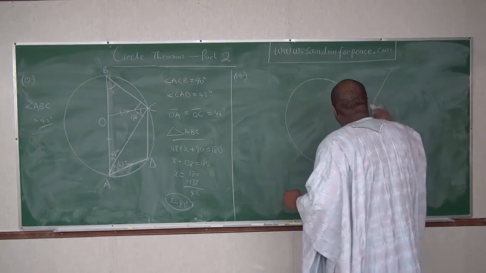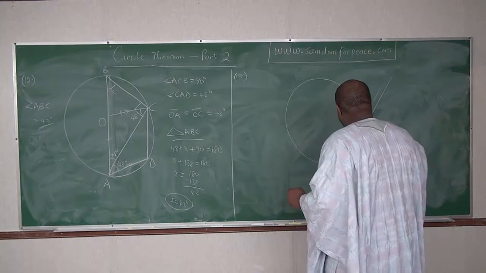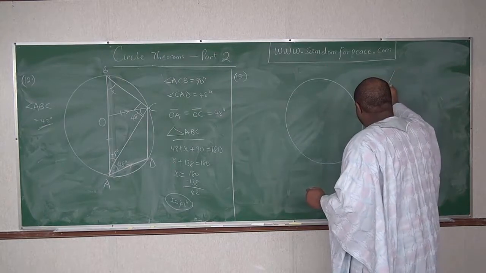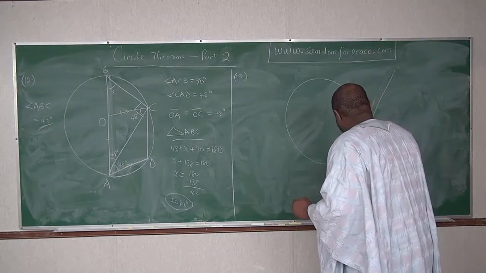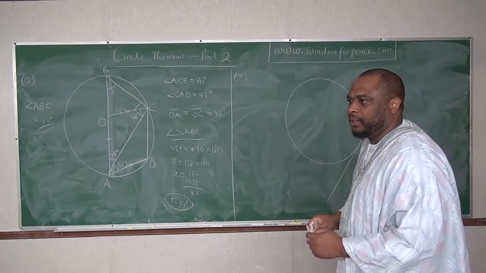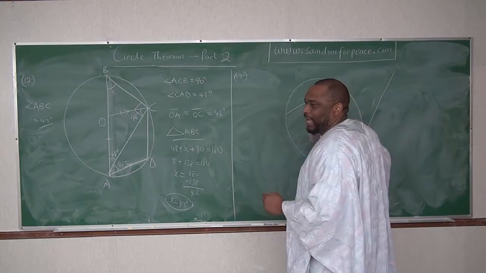We have a tangent. Okay, so we have a cyclic quad.